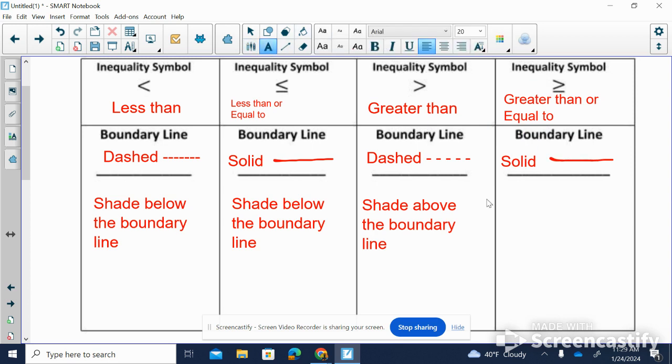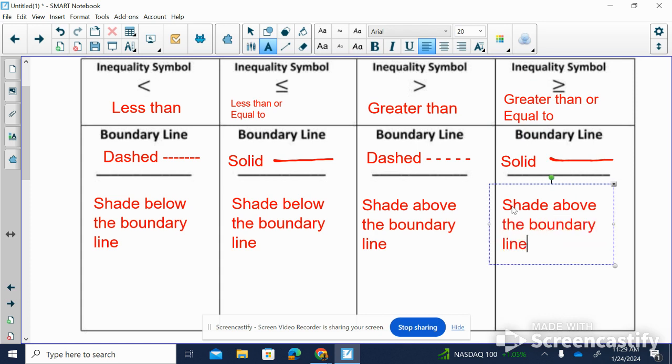And all of our solutions are going to be above the line, greater than the line. So we are going to shade above the boundary line. Okay, so if you want to screenshot this and save it, be my guest. But this is explaining all of the symbols.